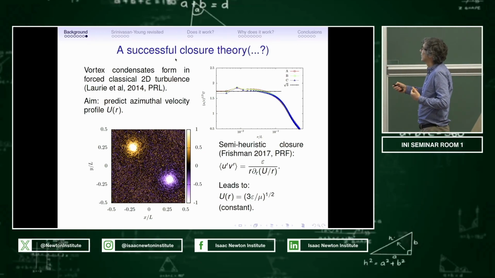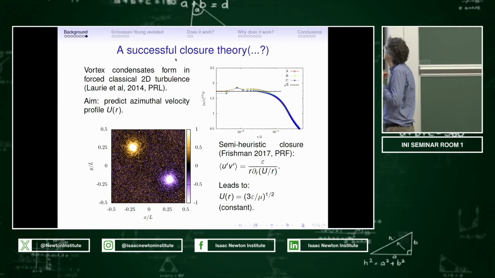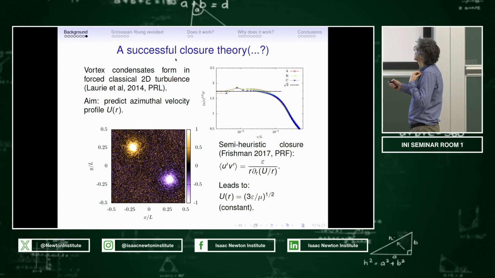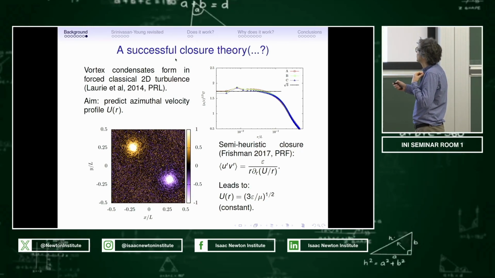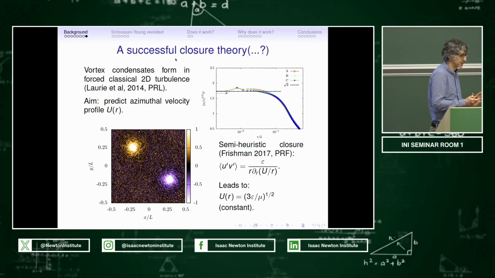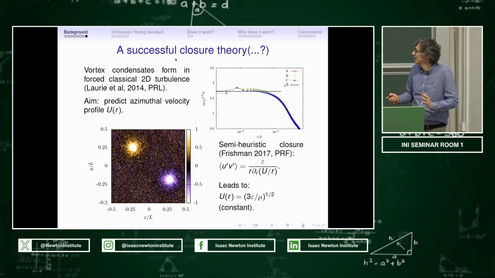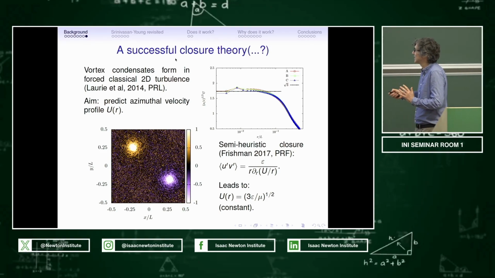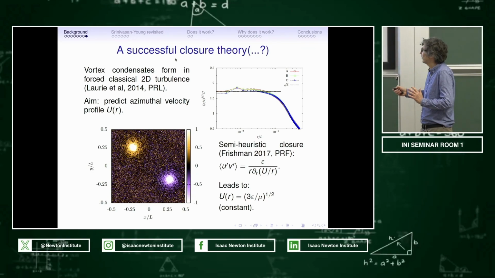So I mentioned this Laurie et al. paper before. There is a fundamental problem in forced dissipative turbulence where this whole closure idea works pretty well, and that's the question of predicting the profiles of these vortices, often called vortex condensates, that emerge in forced dissipative two-dimensional turbulence.